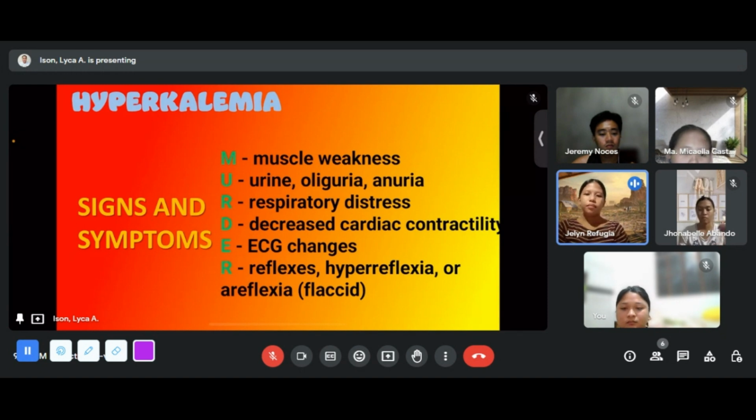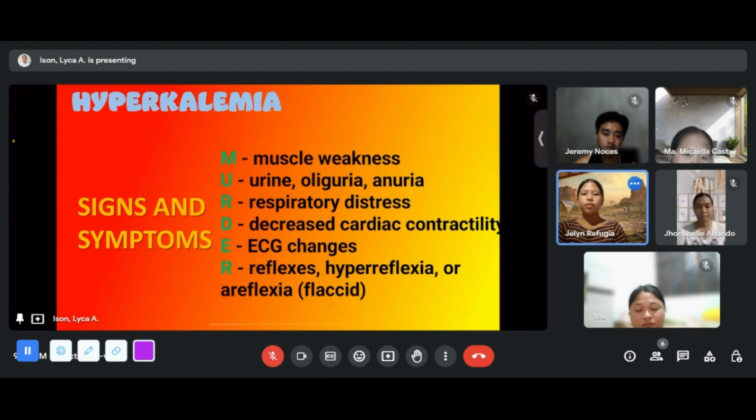Next is decreased cardiac contractility. So, dito naman sa decreased cardiac contractility, nagkakaroon tayo ng tinatawag na myocardial failure, which impairs the pumping ability of one or both ventricles. Next is ECG changes.